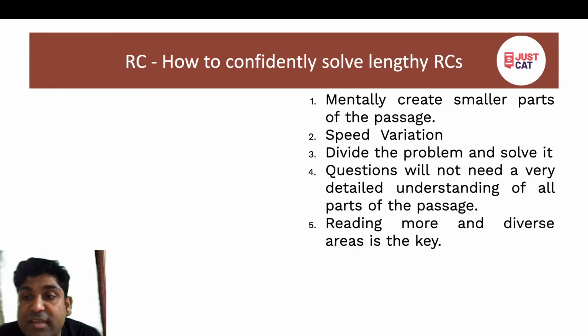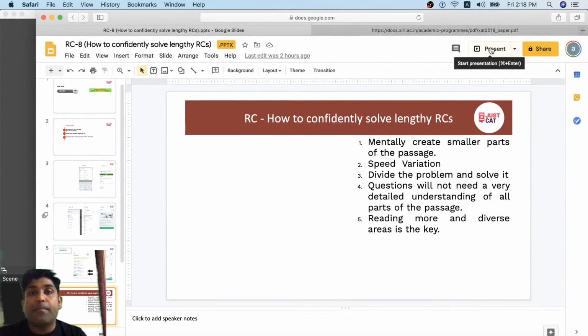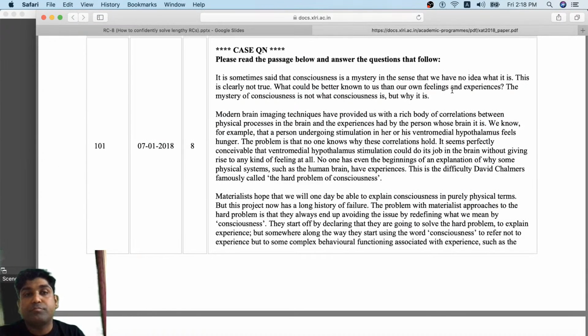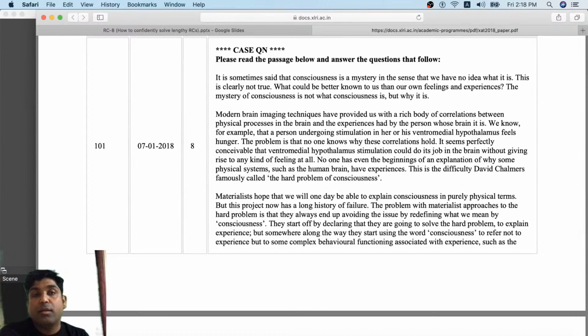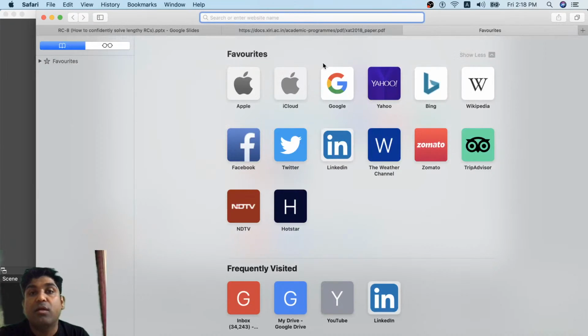So let's try and solve a reading comprehension. Let's start. I hope you can see the RC properly. Let's try and read it. Let me see if we can copy it in a doc file.